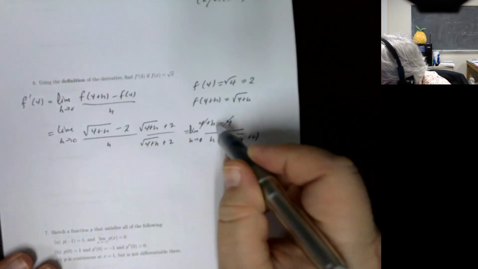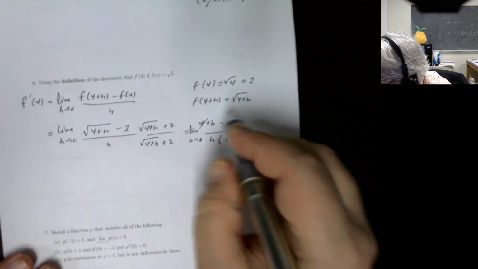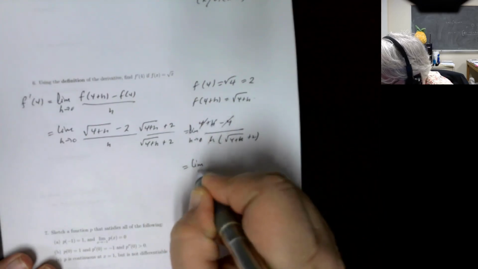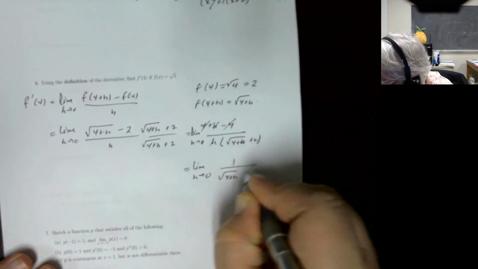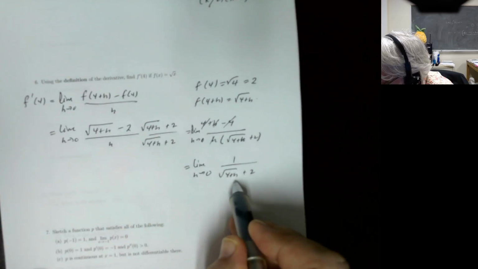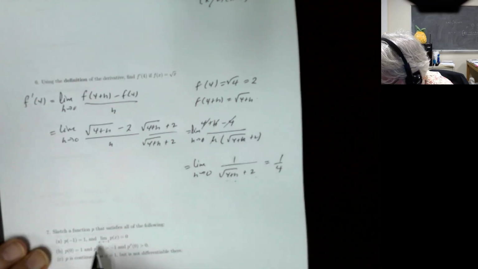Okay, so the 4's cancel, and now we just have an h over this quantity, but the h's then cancel, so you're left with 1 over square root of 4 plus h plus 2. And so if I plug in h equals 0, I would get 2 plus 2 in the denominator, which is 1/4. Good. All right.